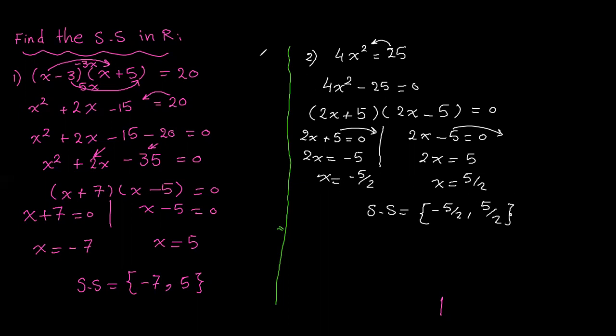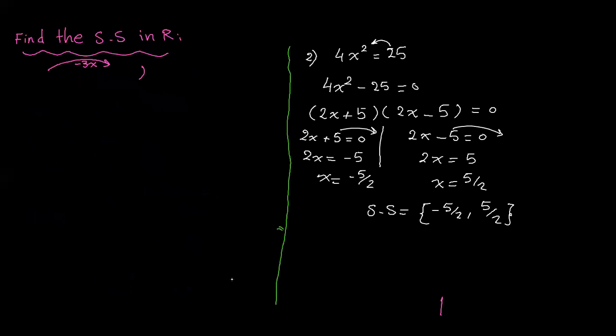Another example here depends on a new form. Example number 3: x^3 - 4x = 0. We find that this is a form where we take out the HCF. The HCF here, I think, is x.